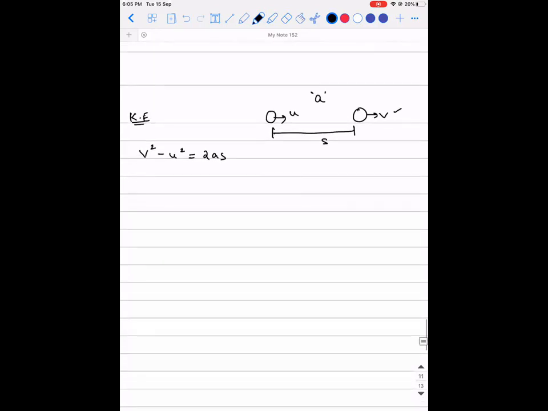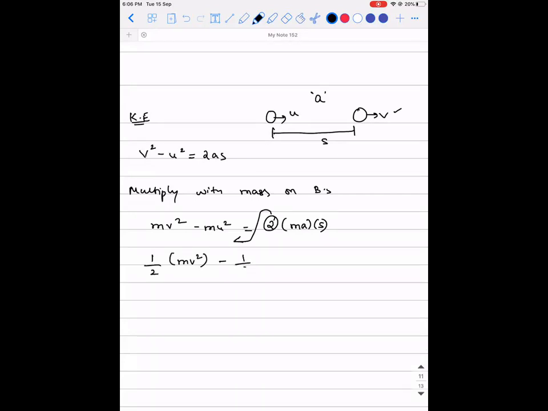Multiply with mass on both sides. What will happen? mv square minus mu square will be equal to 2 times ma into s. So this 2, if I take it to the other side, it will be half mv square minus half mu square is equal to m into a into s.